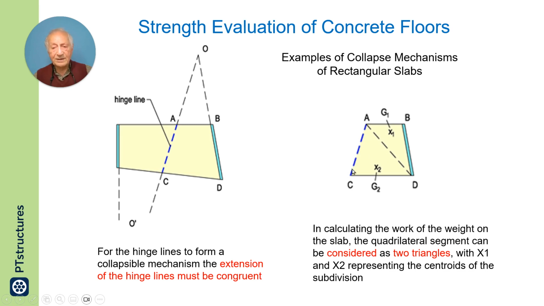The hinge line is here, but this other line is just for the purpose of calculation. For calculation, it is easier to know the centroid of the triangle. This is a triangle, so the work done by this segment will be its weight times displacement of its centroid. That is the reason it is subdivided into triangular segments, for ease of calculation.